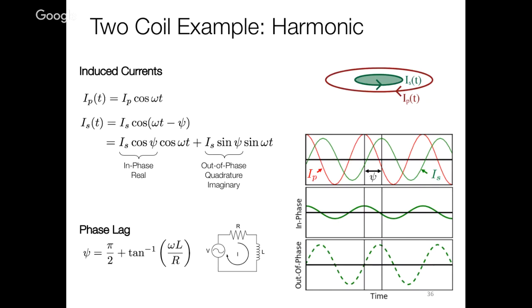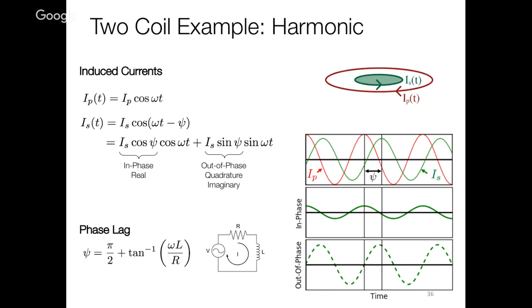So this is what we have here. I've got the primary field in red, so here's our primary current. And now the secondary current looks like this. You see it has a different amplitude, but there's also a phase shift. Look at the peak here and the peak here; they're different.